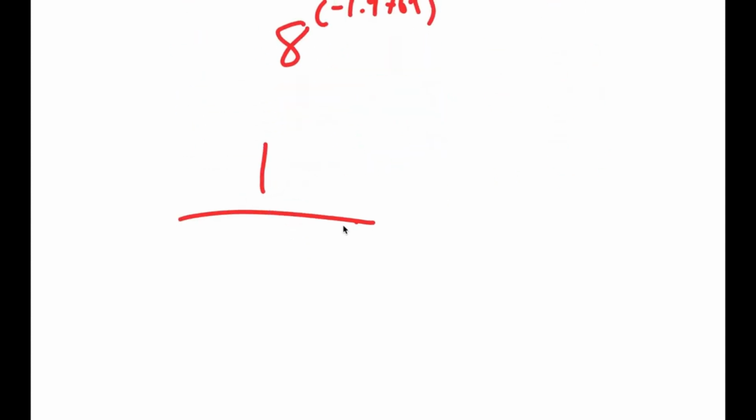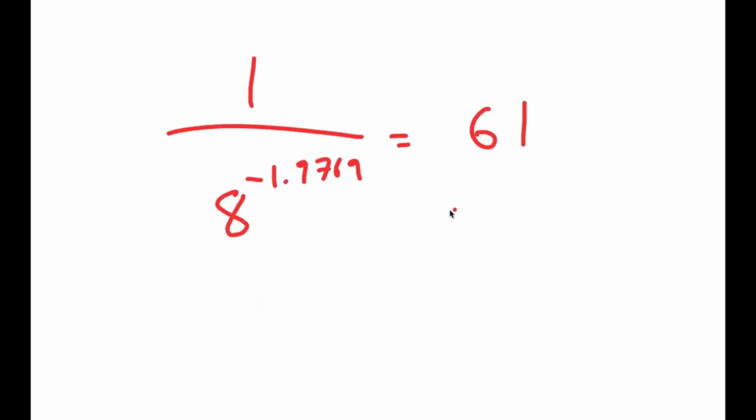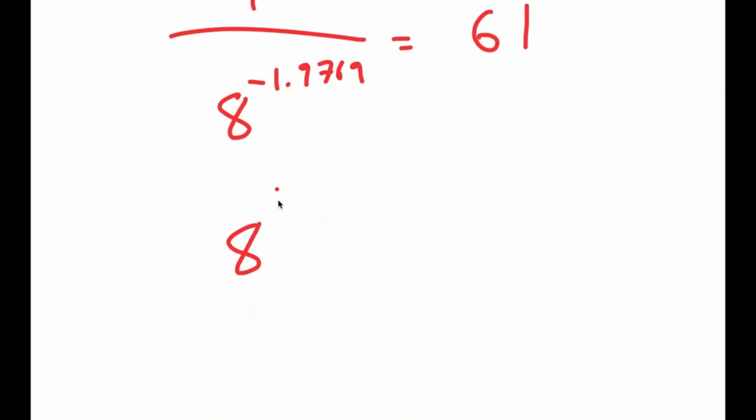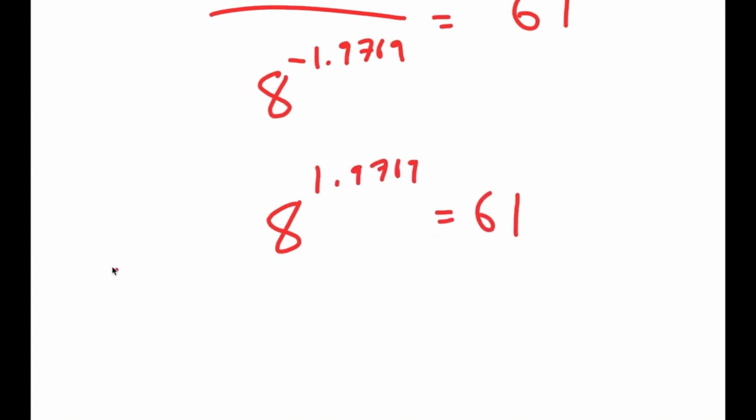So now I just get 1 over 8 to the power of negative 1.9769 is equal to 61, which is the same thing as 8 to the power of 1.9769, because 1 over a to the power of n is equal to a to the power of negative n.